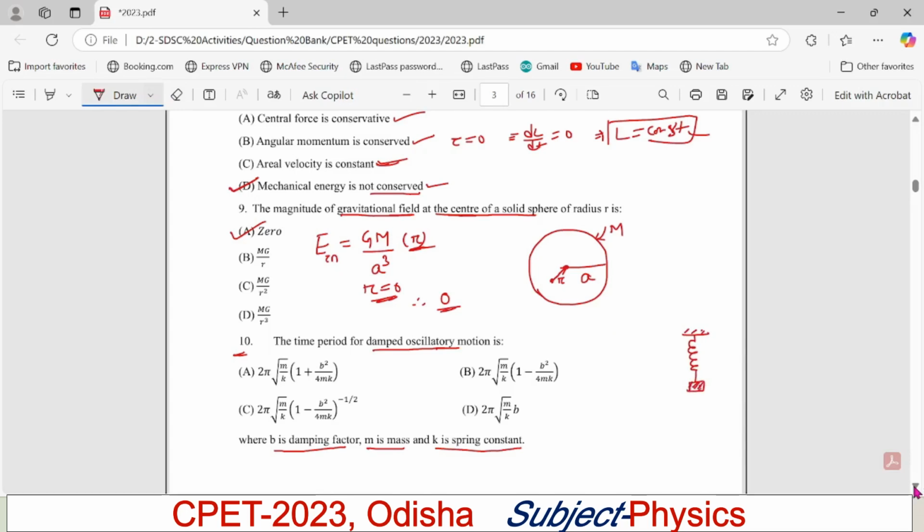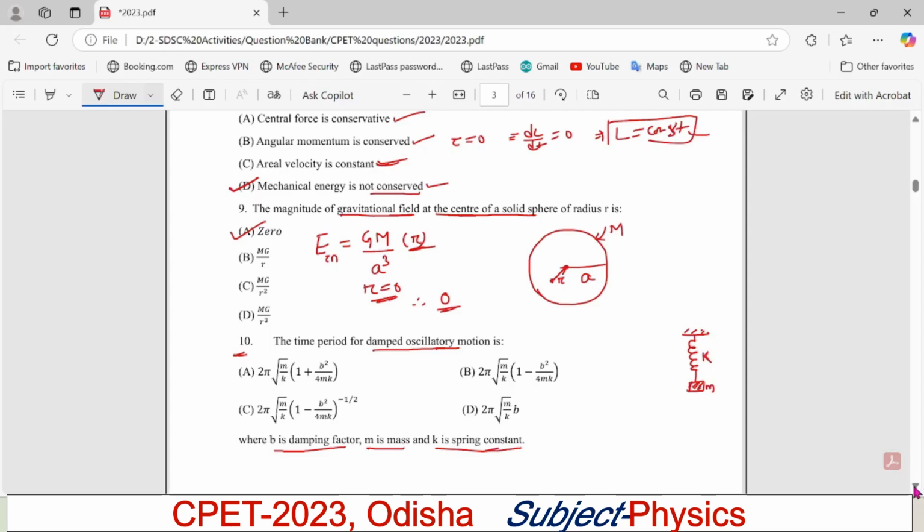If it oscillates in the damping condition, where k is the spring constant and m is the mass, what will be the time period for damped oscillatory motion?